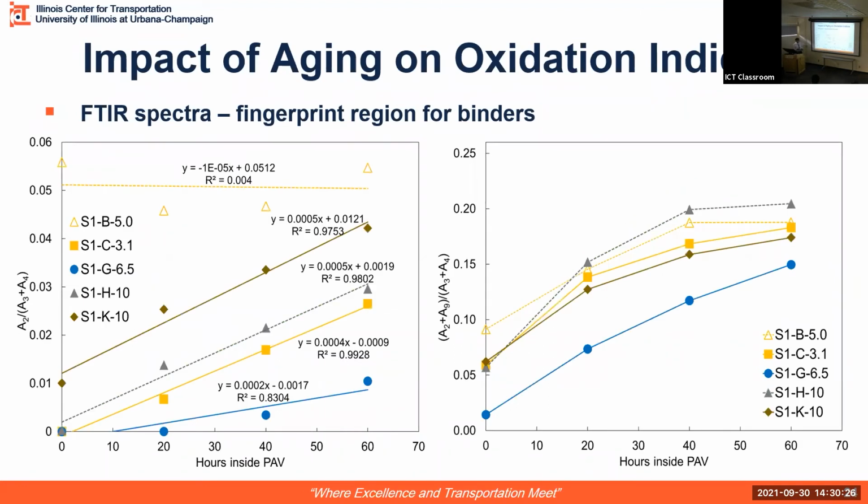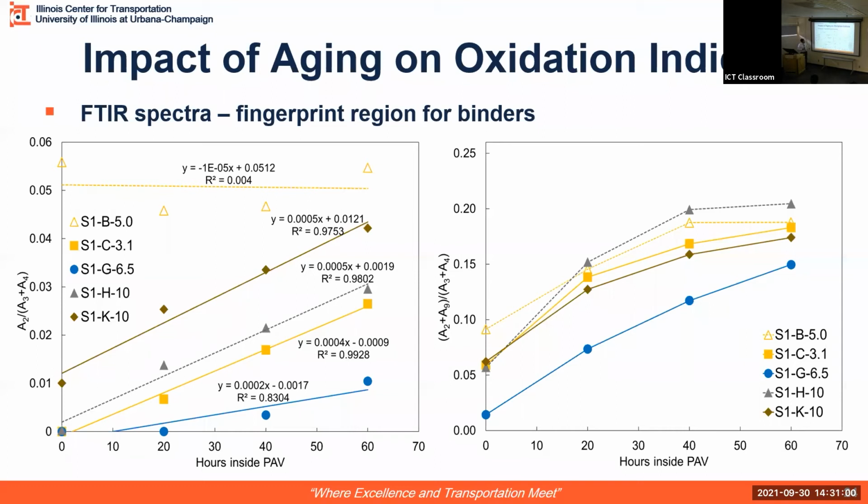When we looked at other modifiers, the rate of change with aging showed that these binders are aging and these indices are predicting it. But when we looked at modifier G, which was supposed to perform better, again, it's a much flatter curve compared to other modifiers, suggesting that the aging susceptibility of this modifier is less, which may be a reason why the rheological performance with aging was not that detrimental compared to other modifiers.